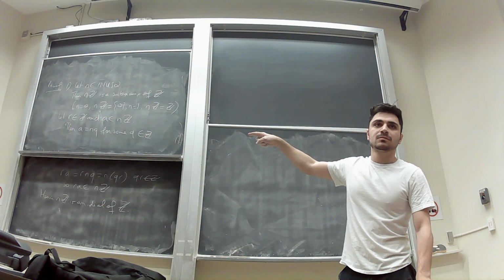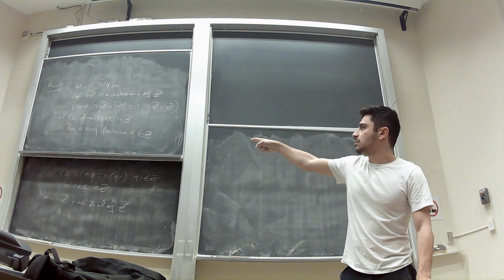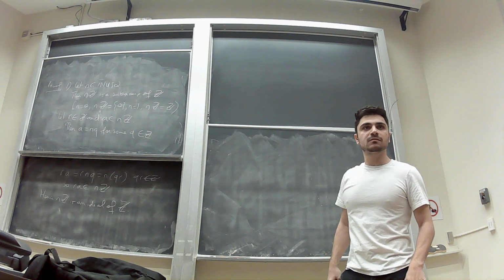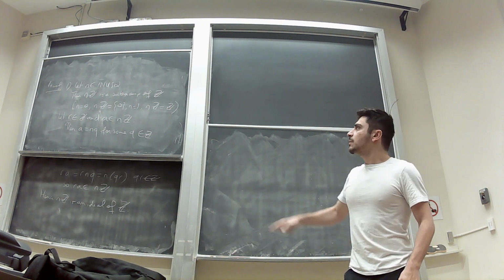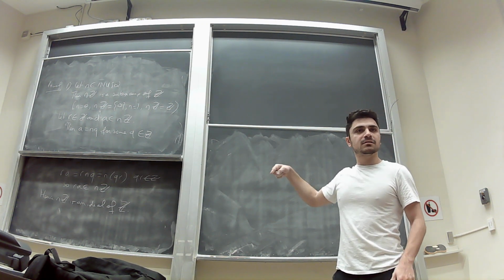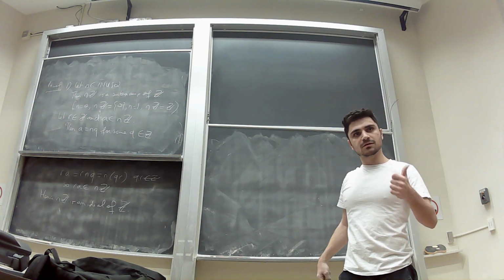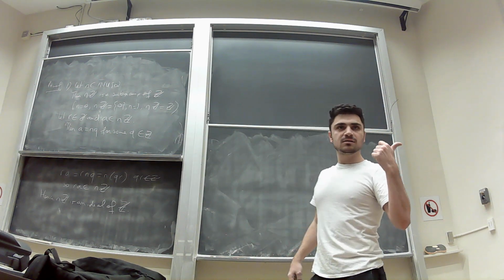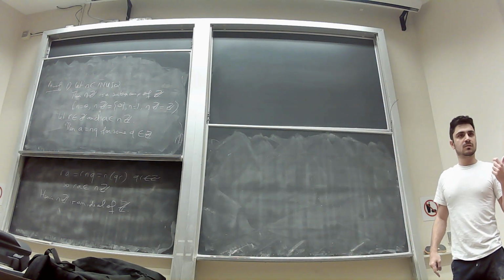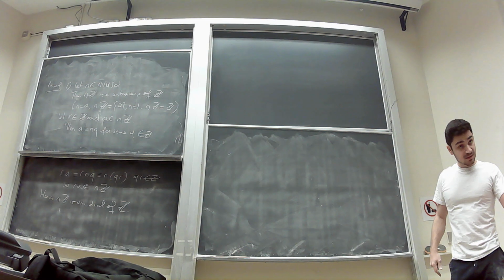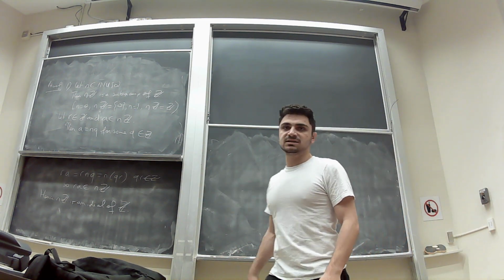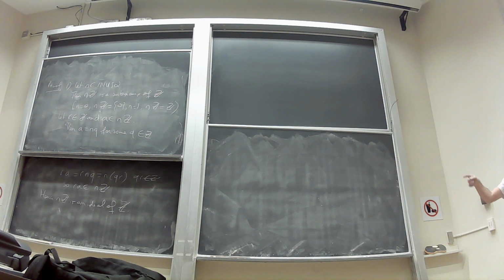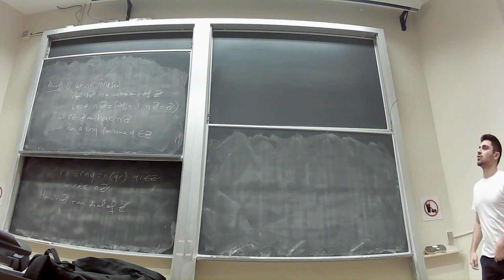But for all other ones the proof works: nZ is a subgroup of Z for any n. 2Z is a subgroup of Z, 3Z, 4Z, 5Z, 0Z, because those are the sets of multiples of n. And these are precisely the ideals. And they're closed under multiplication by r: r is in Z and a in nZ, so ra will belong to nZ.